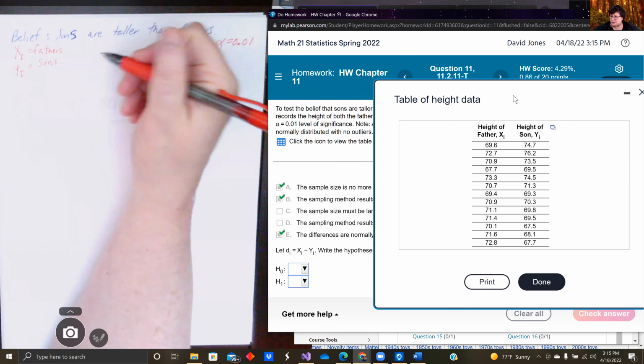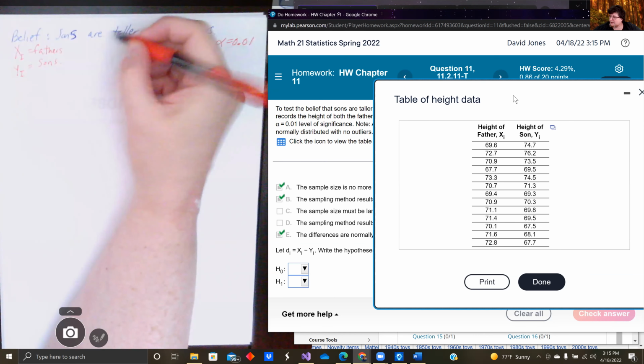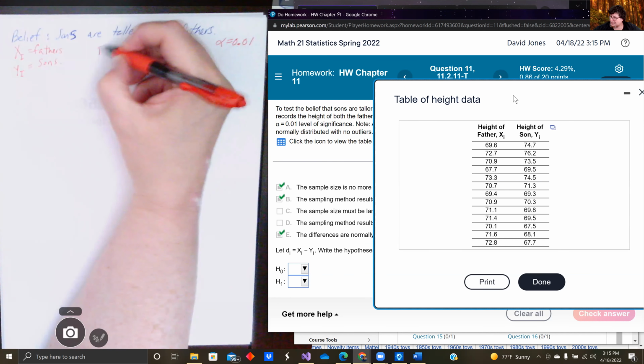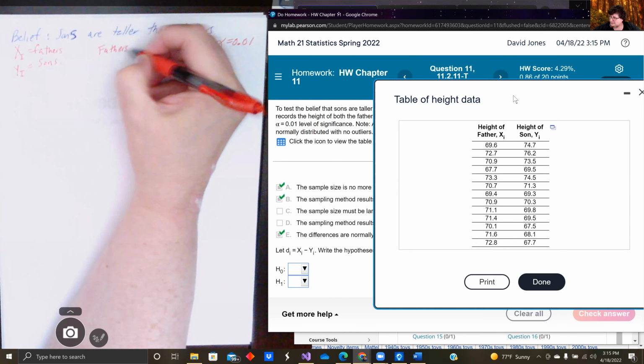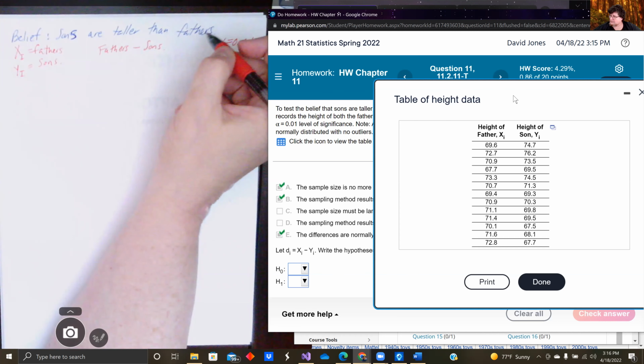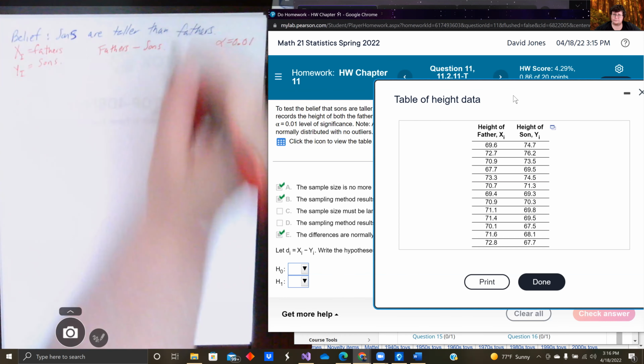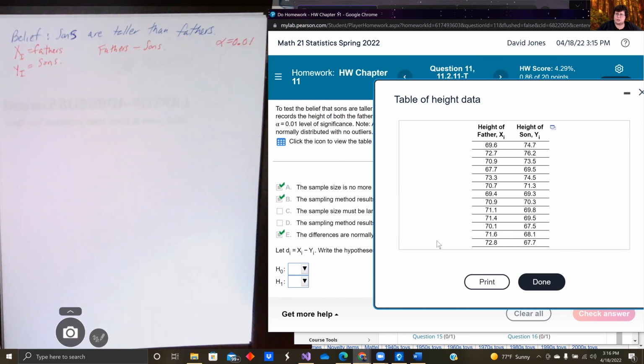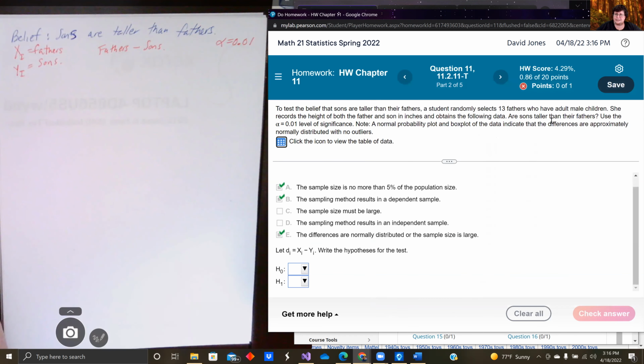And so that's the order we're going in. We're doing fathers minus sons. So if it's fathers minus sons, I'll come back to the data in a second. Let's go back to the wording of the question and see how that's going to look.